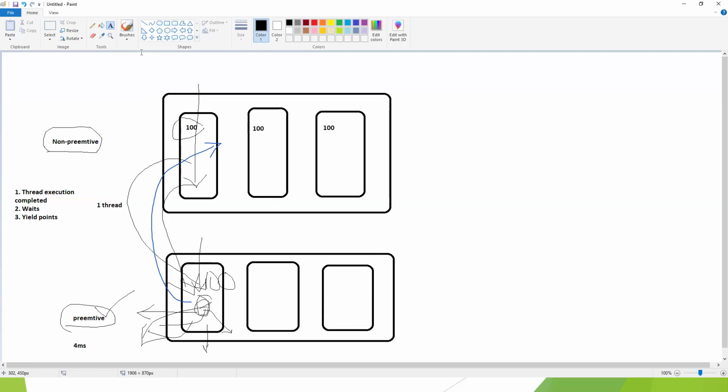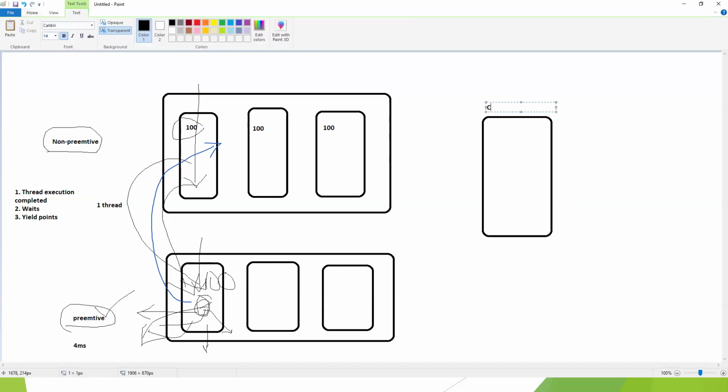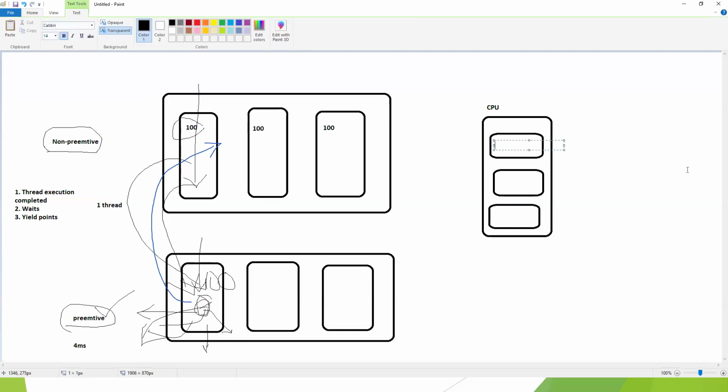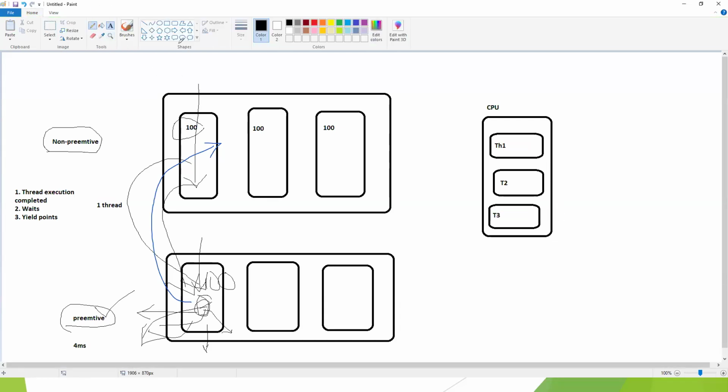Just one step back. For example, let's say this is your CPU, and this is the Windows operating system. I have multiple threads or workers. Thread 1, thread 2, not executing again, so it will be in a queue.